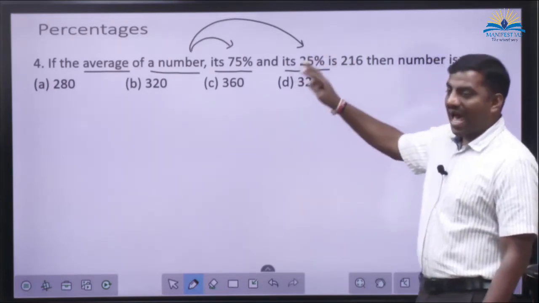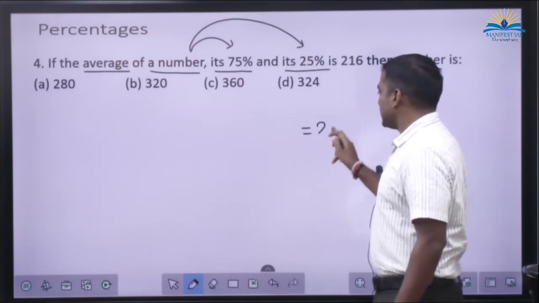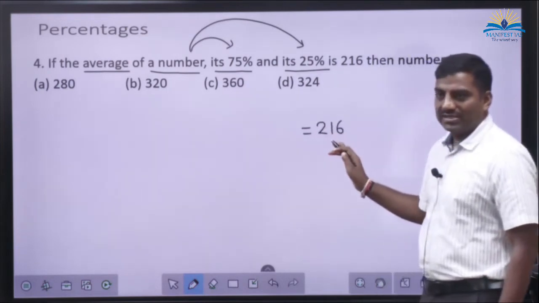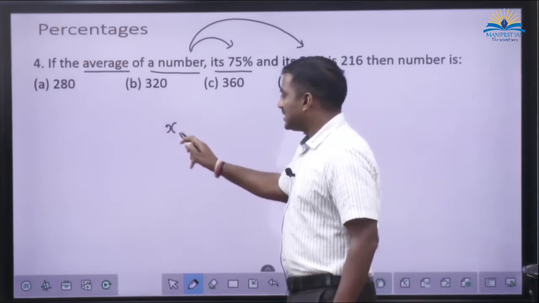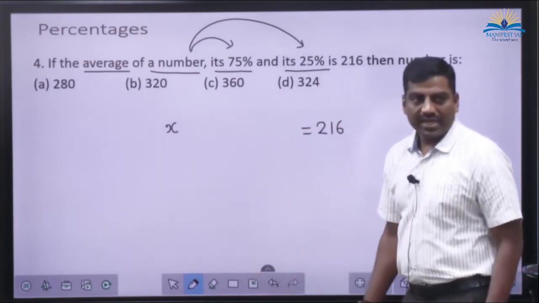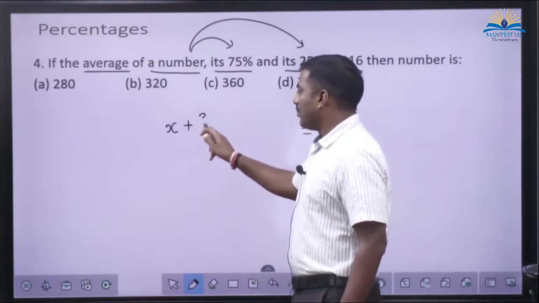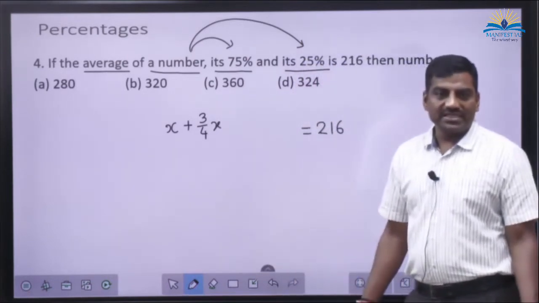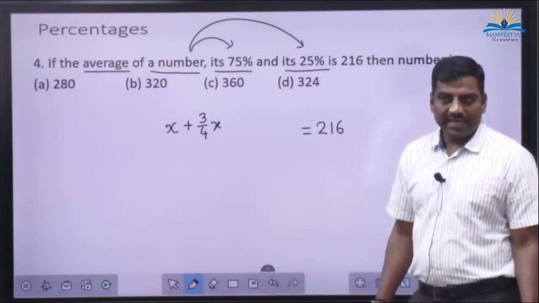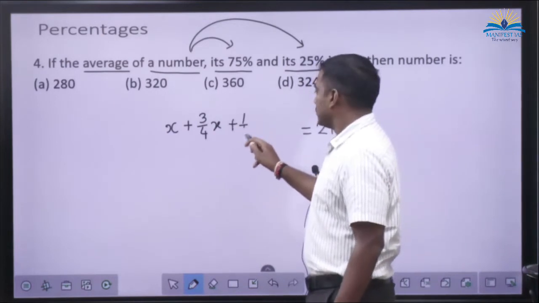So their average is 216. Can I write this 216? This is the RHS. I'll assume the first number as X. Plus 3/4 of the number, can I write? 75% is nothing but 3/4, no? Plus 1/4 of it.